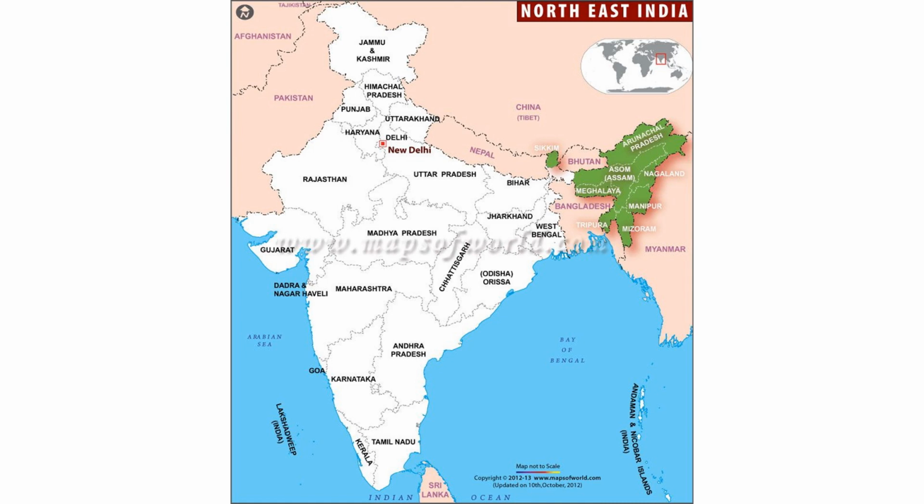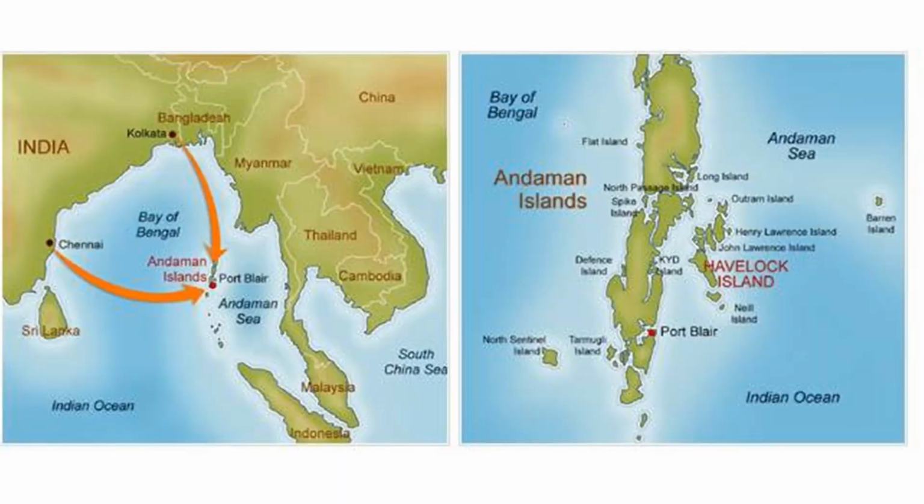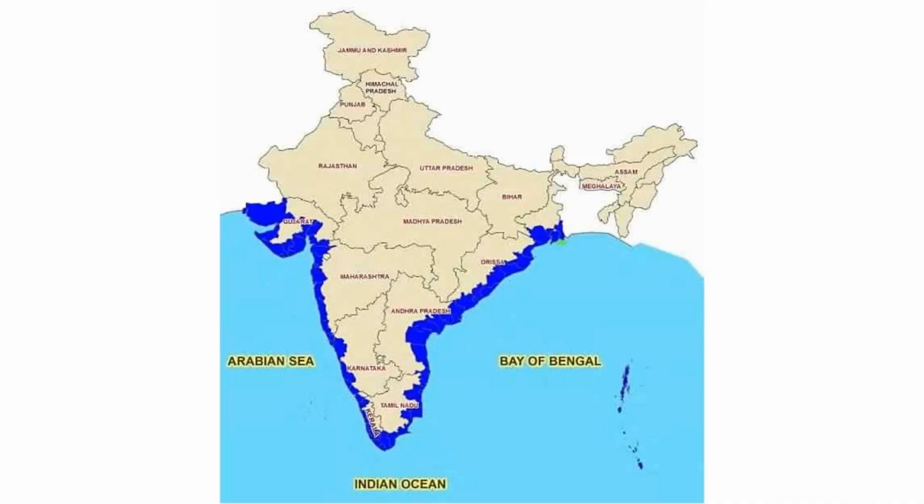Then the Western Ghats, which extends across Maharashtra, Karnataka and Kerala. The ninth one is the Andaman and Nicobar Islands. And the 10th biogeographic zone is the long western and eastern coastal belts with the sandy beaches, forests and mangroves.